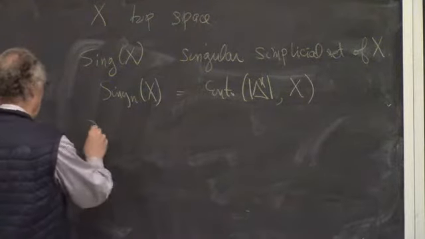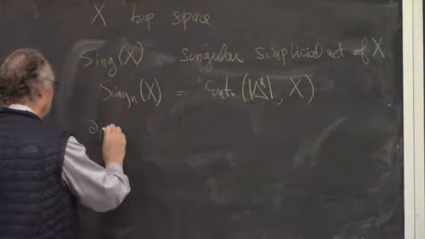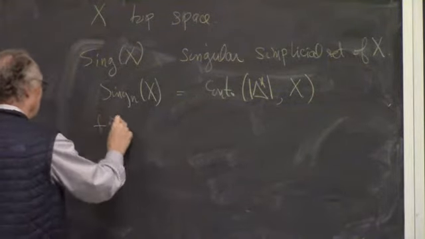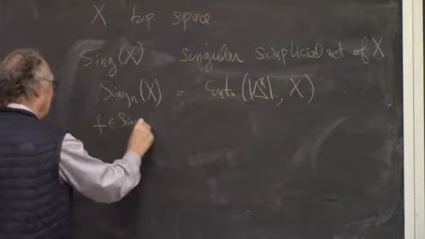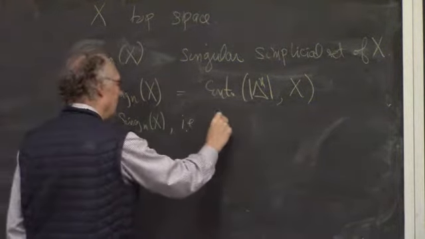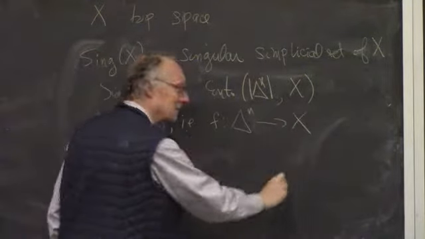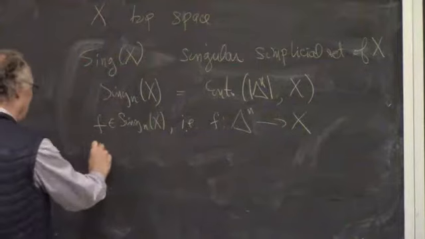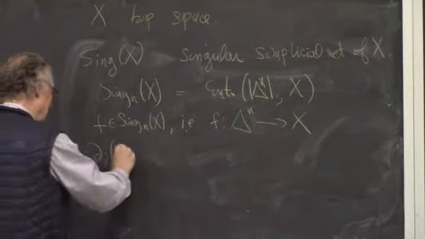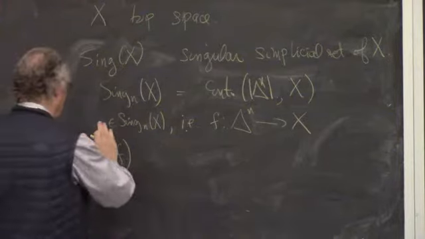I need boundary maps. So if F is an element in sing n of X, i.e. F is a continuous map of delta n to X, I need to tell you what delta I of F is. Well, maybe I should call this phi.